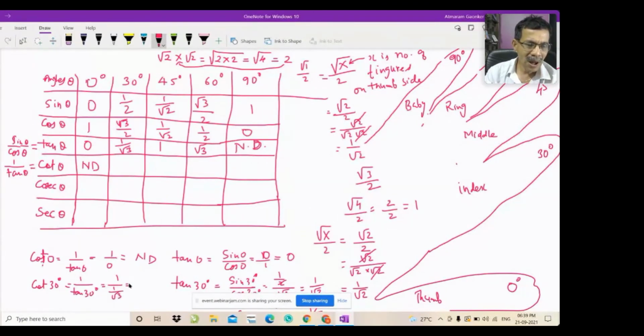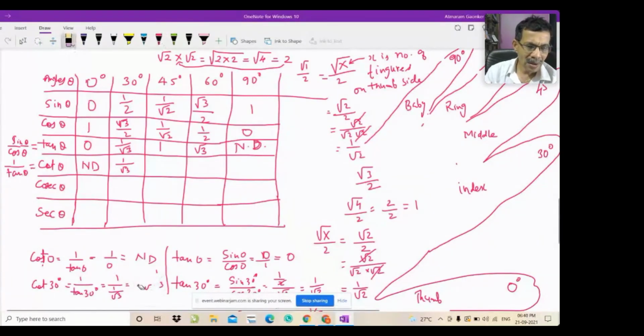And this will become 1 into root 3. Sorry, it is not 1 upon root 3, it is root 3.